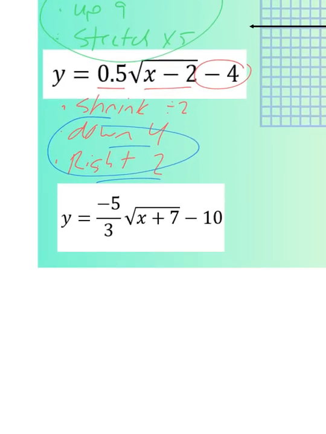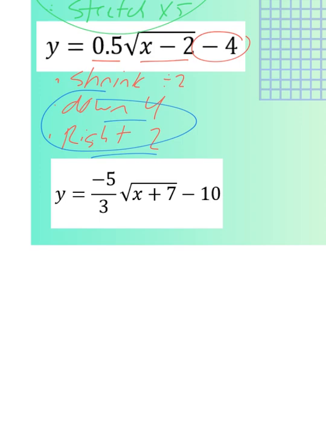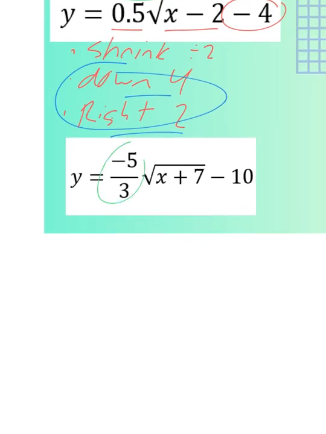Okay. And that last one, if I'm listing all the transformations for that one, look at that fraction in front. First of all, what I would say about that one is it's a reflection, so it's going to kind of loop down and to the right instead. Reflection for this one. Don't be fooled, 5 over 3 is a number greater than 1, so this is a stretch, okay?